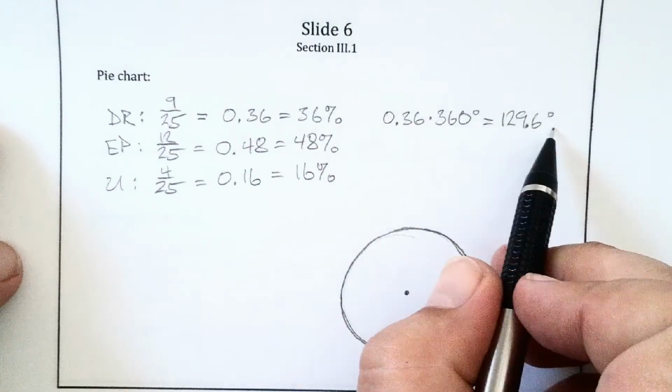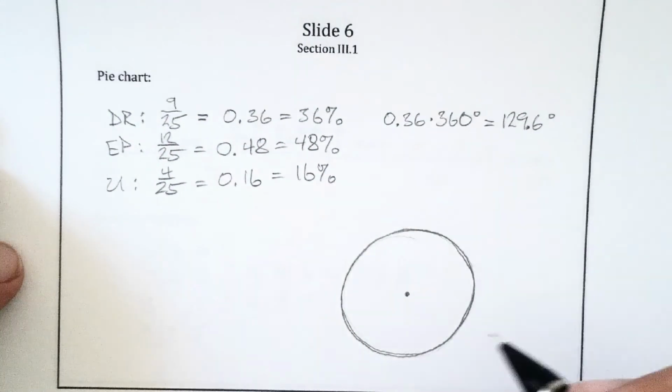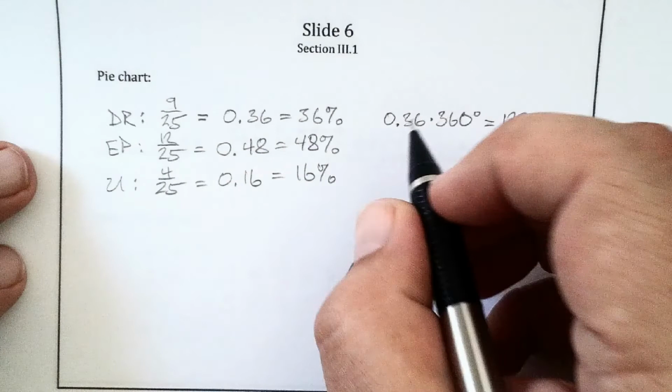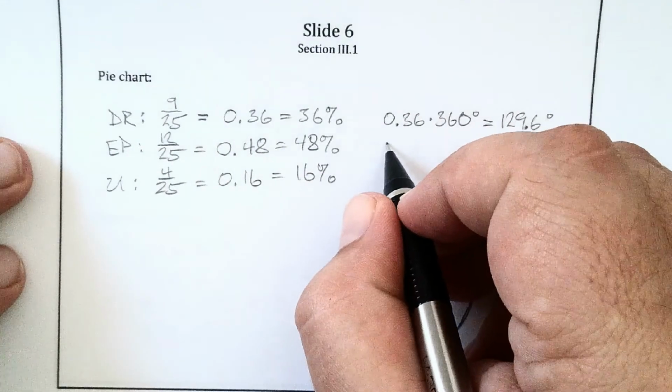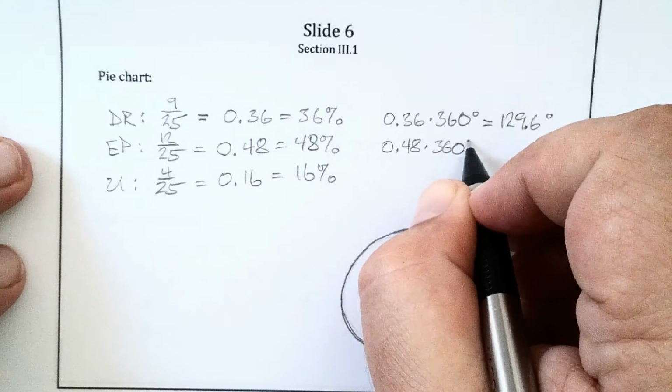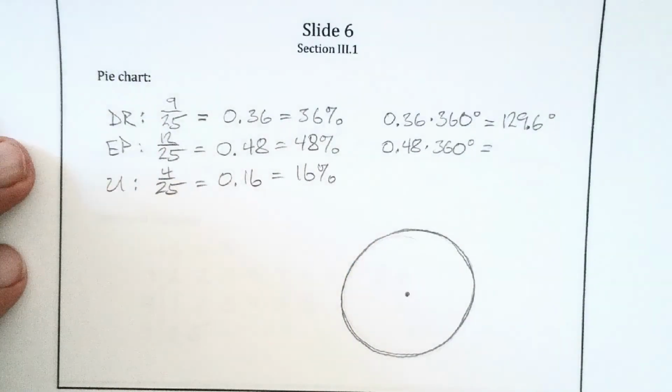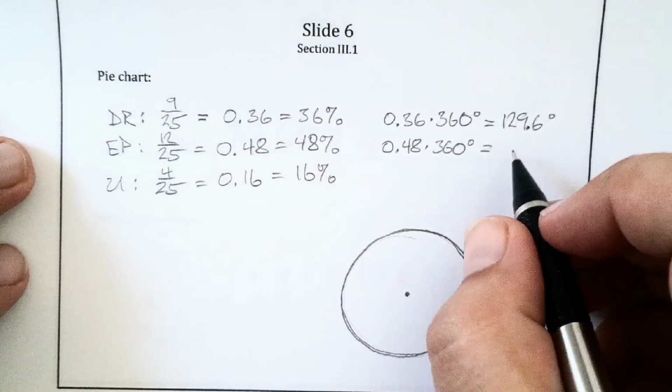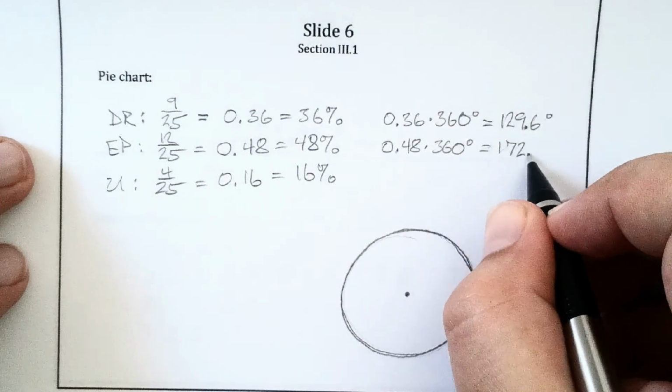Okay, and this is just to help me draw Del Rio on here. Okay, Eagle Pass. We have 0.48 times 360 degrees, which is 172.8 degrees.